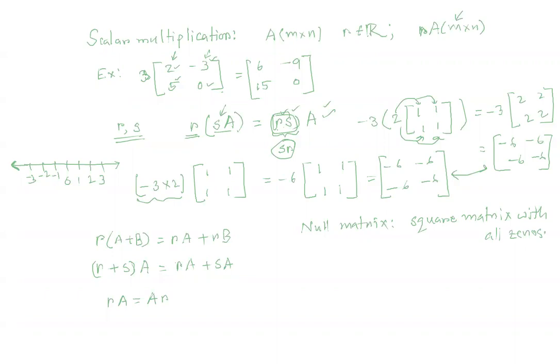So for simplicity, let's say n for null matrix. The 2 by 2 one is going to be 0, 0, 0, 0. Remember, this is the additive identity. You could have 3 by 3 or, in general, an n by n matrix.